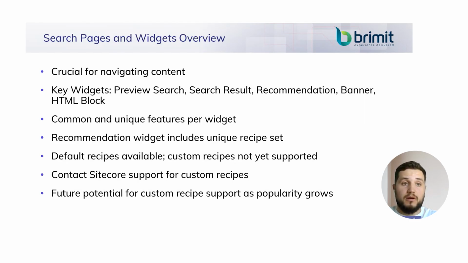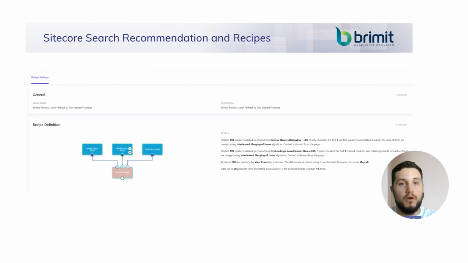Anyway, Sitecore Search grows in popularity and more developers start using it. And I think in a future release, we will have the possibility to add custom recipes. On the next slide, you can see one recipe called similar product with fallback to top view product.